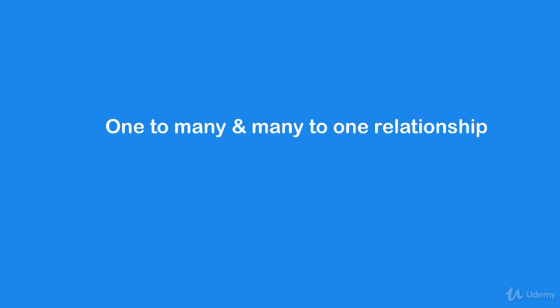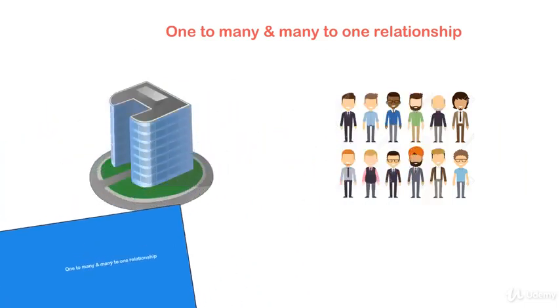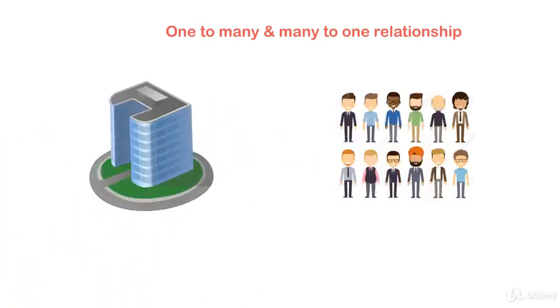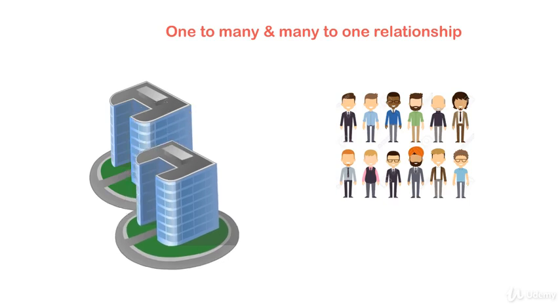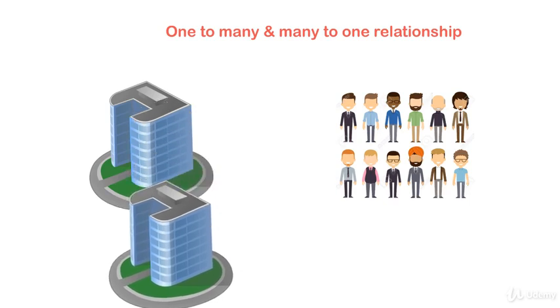One-to-many and many-to-one relationship. To define these two relationships, I am taking an example of a database where the information regarding different organizations and different employees is stored.